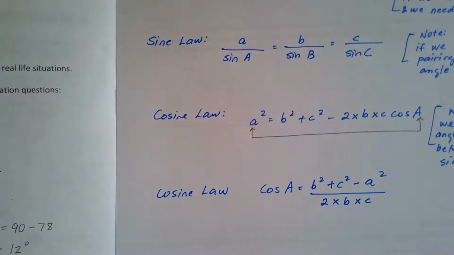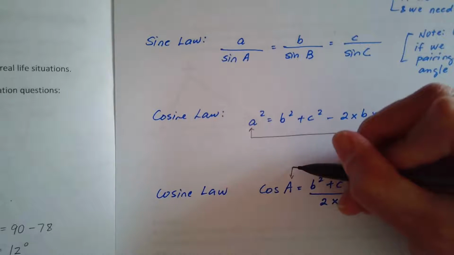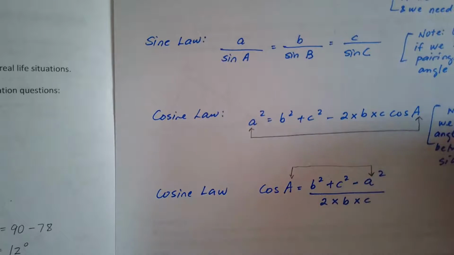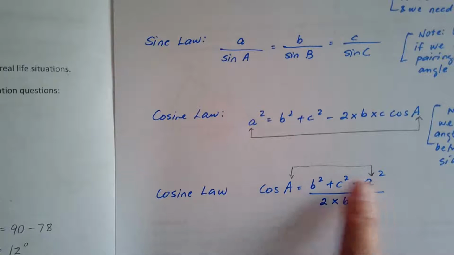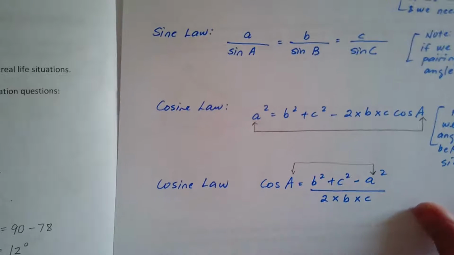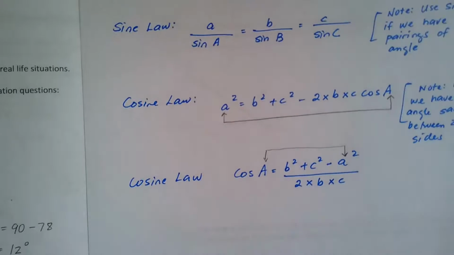So just to point this out, if this is angle A, then we're going to end up with side A at the end here. So this is how you can start remembering which one is which, because sometimes we're solving for B, sometimes we're solving for angle C.